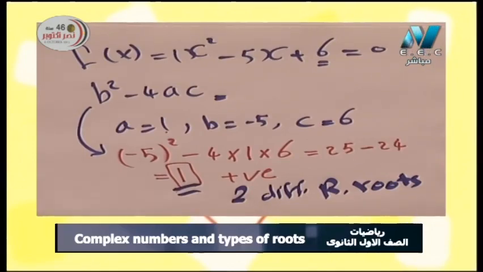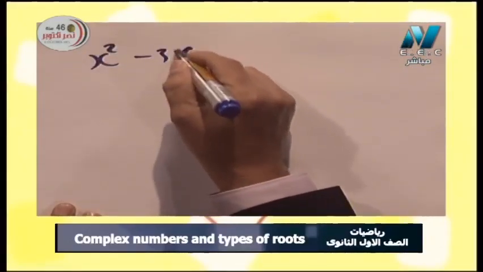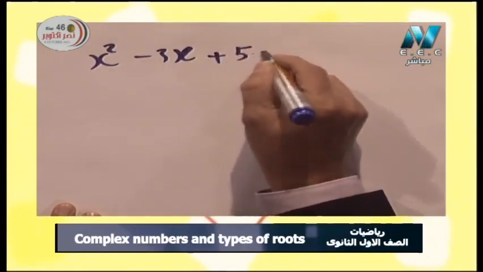Let's go to another question. Determine the type of the two roots of x power 2 minus 3x plus 5 equals 0.